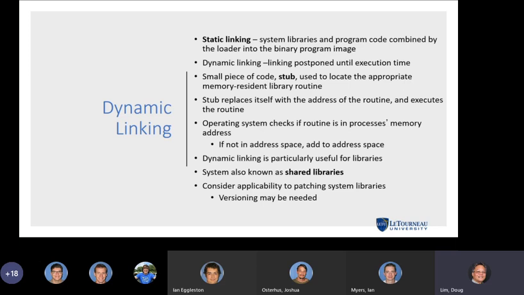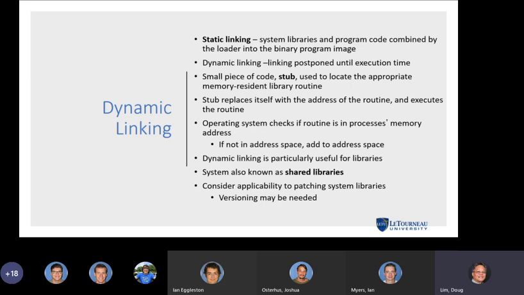The stub replaces itself with the address of the routine and executes the routine once the library has been loaded. At that point, all references are directly to memory instead of going through the stub.